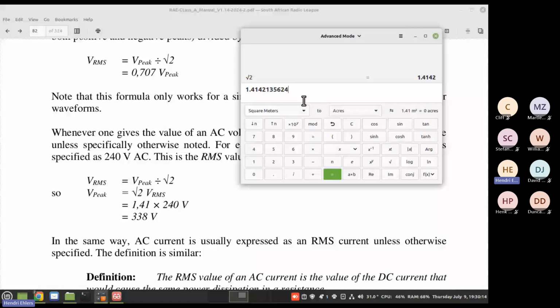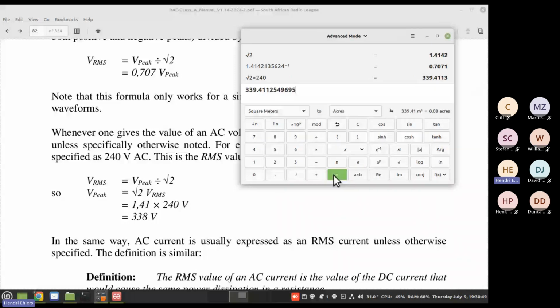Okay, so this is the one value, but if you do that to this, it becomes 0.707. So don't be alarmed if it looked like that. It's just a reciprocal. So if we say 1, square root of 2 times 240 equals.